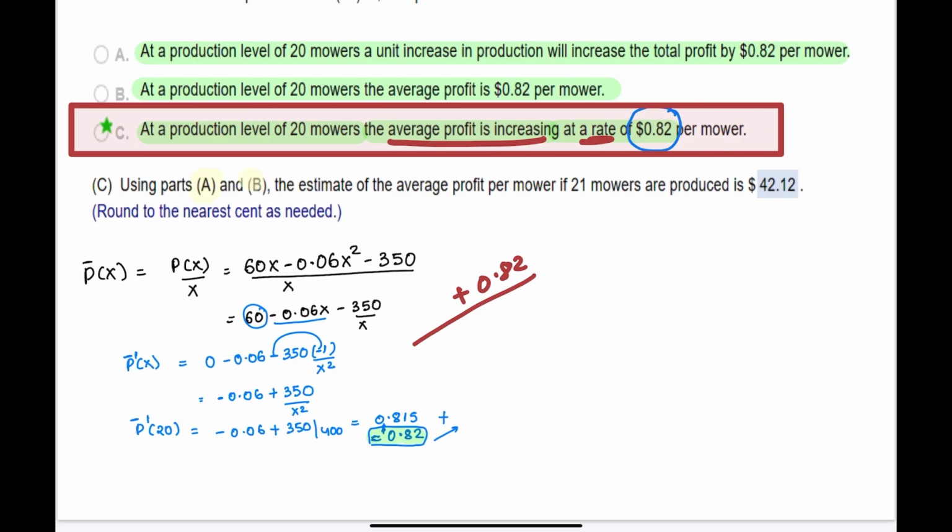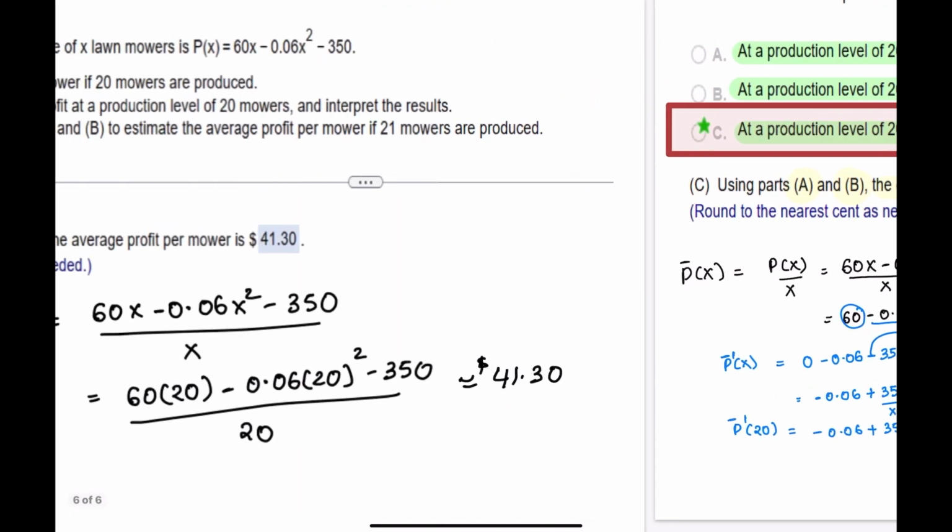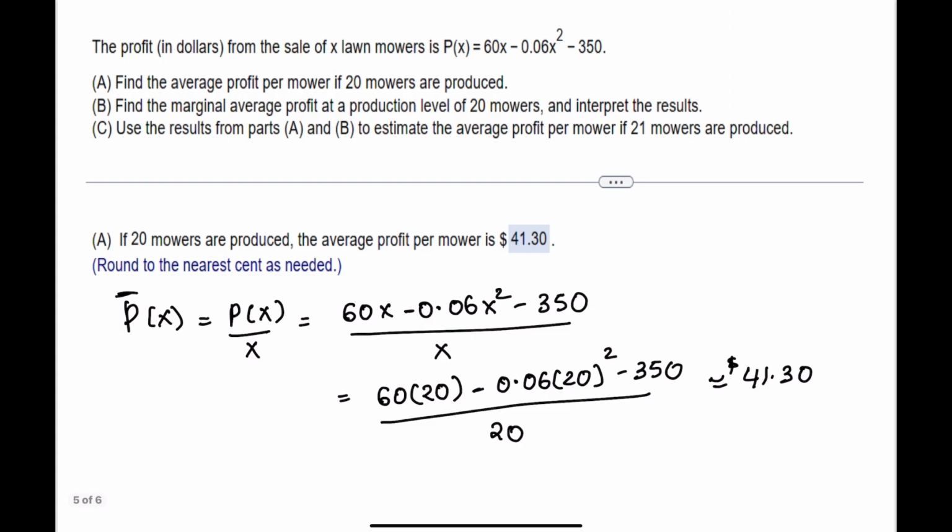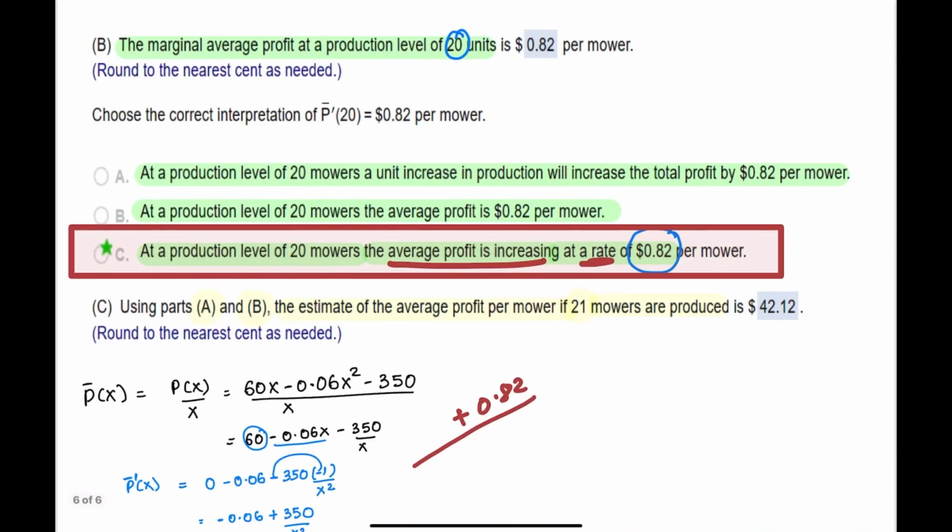Using A and B, they said estimate the average profit per mower if 21 mowers are produced. So now they say, use A. Let's check what A is. If 20 mowers are produced, the average profit is 41.30. So let me bring that here.